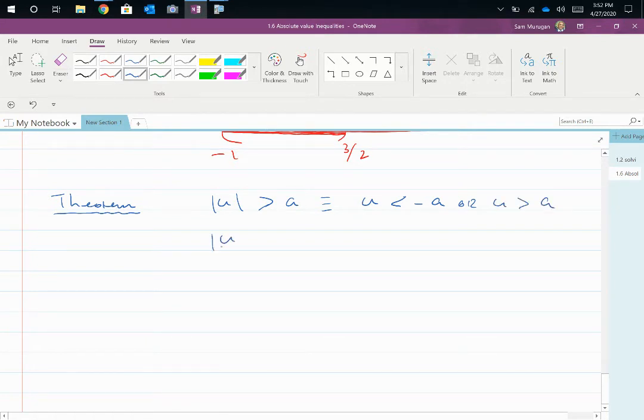And absolute value u greater than or equal to a is equivalent to u less than or equal to -a or u greater than or equal to +a.